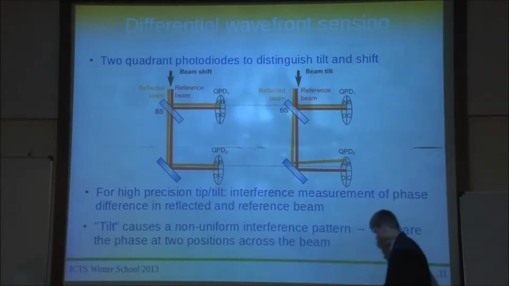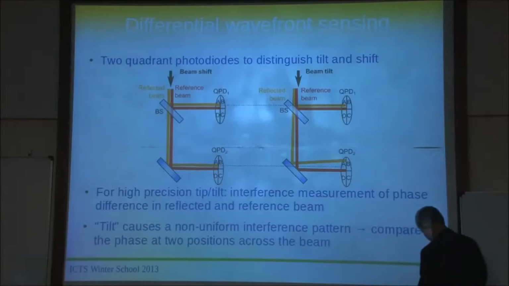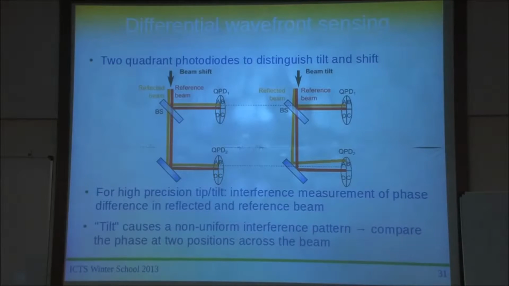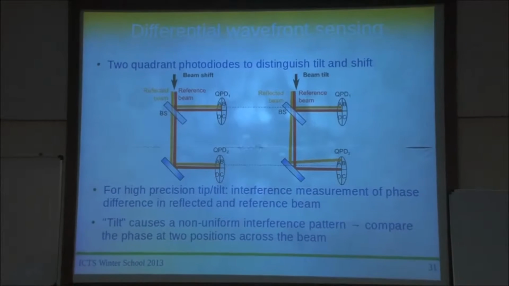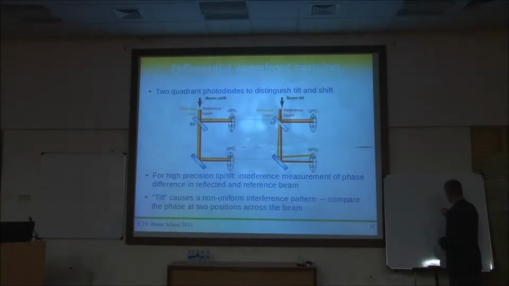And then you have another beam, which is slightly tilted. That's what you try to measure here. Let's say it looks like that, and it's tilted with an angle, let's say alpha. Then the wavefront would look like that. Oh, it's a kind of bad drawing here.